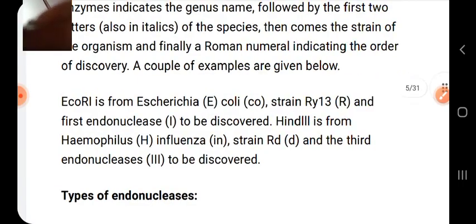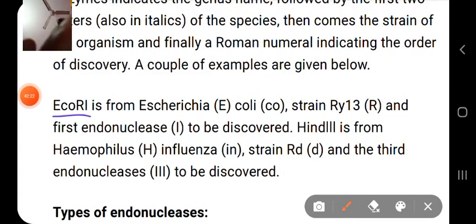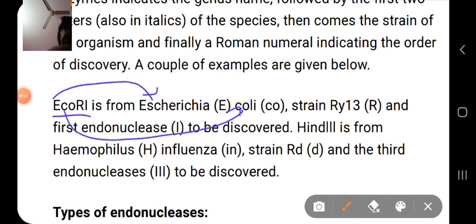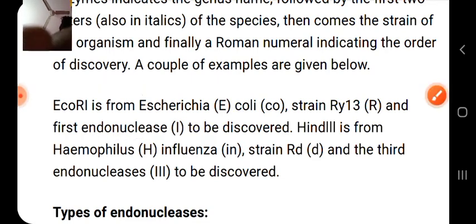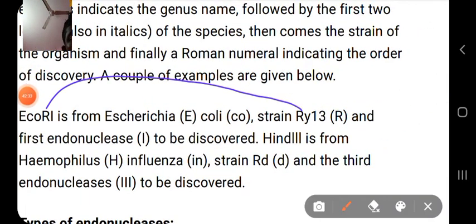Like here, EcoR1: E for Escherichia, co for coli, R refers to the strain, R13 strain, and 1 refers to the first endonuclease enzyme discovered from it.